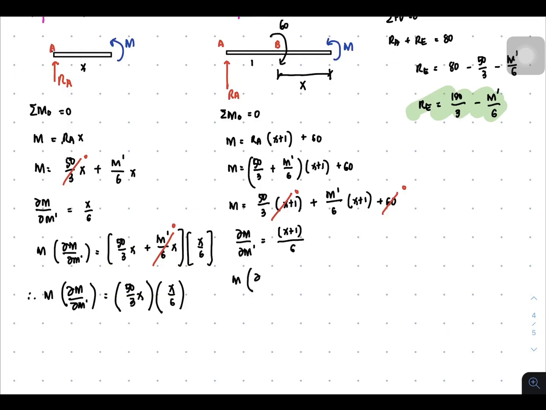So with this case, the product would be now equal to 50 over 3, just copy the m, the final m, then plus m prime over 6 x plus 1 plus 60, and do not forget the partial derivative function x plus 1 over 6.